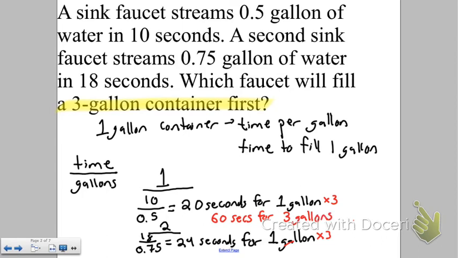And for the second one, 24 times 3 will give me 72 seconds for 3 gallons. So which faucet will fill a 3-gallon container first? The first faucet.